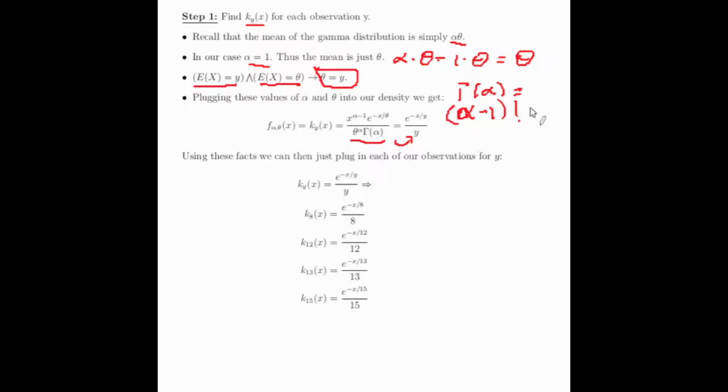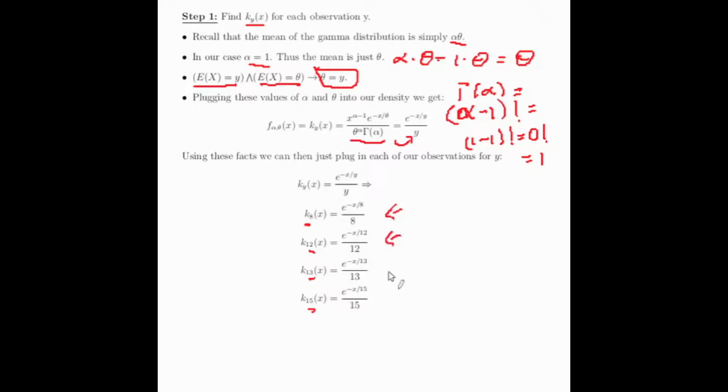And in our case, that's equal to 1 minus 1 factorial, which is equal to 0 factorial, which is equal to 1. So in our case, the gamma kernel is just an exponential distribution with the mean centered at the observation. And here, given that we have observations 8, 12, 13, and 15, we just plug these in directly into the formula to get the following kernels.